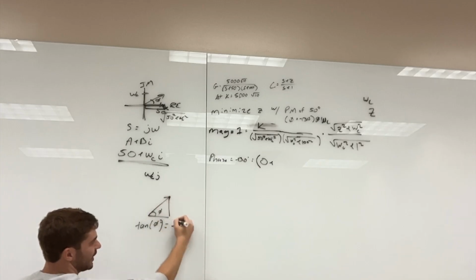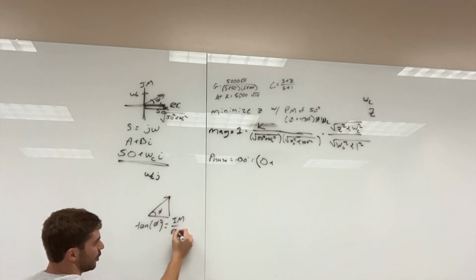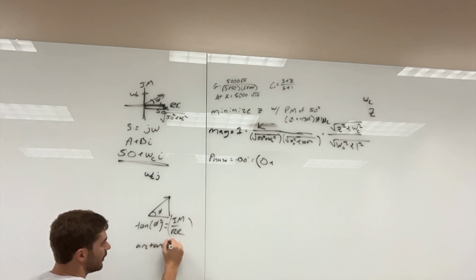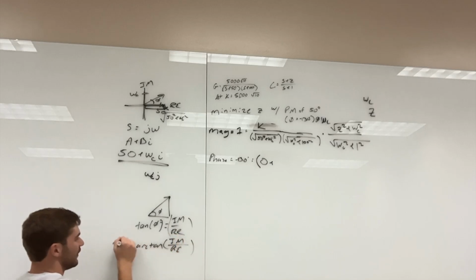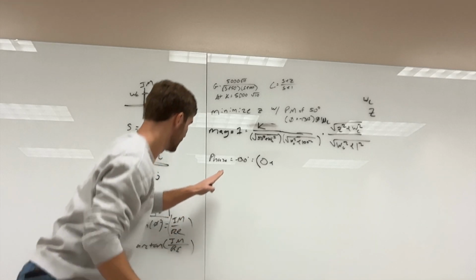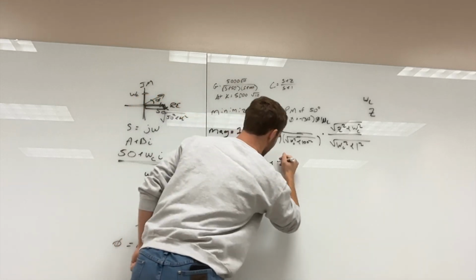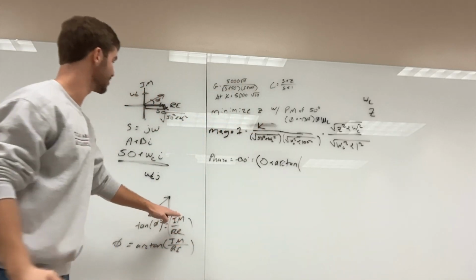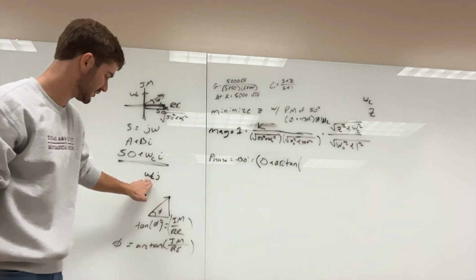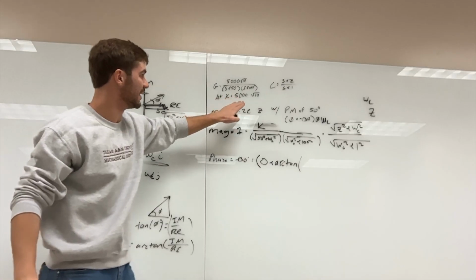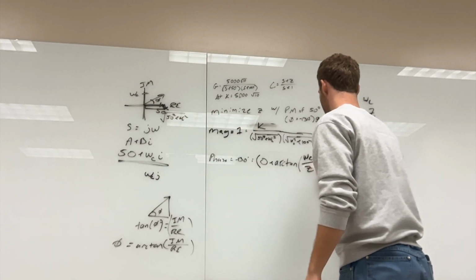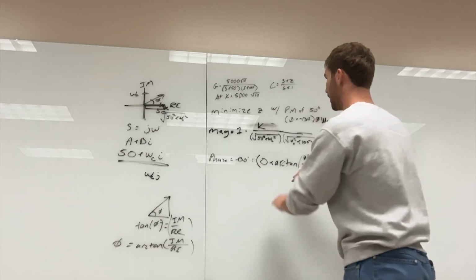The opposite will be the imaginary, and the real will be on the bottom. So you can do arctan of imaginary over real to get your phase angle. Plug that in here and you get arctan of your imaginary, which is the crossover frequency, over the real, which is z. So you get arctan of omega c over z. This is all your numerators.